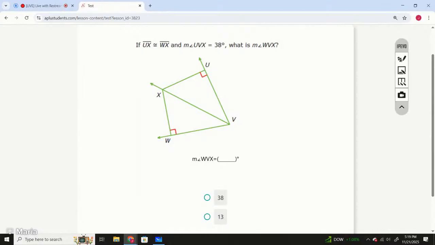The measurement of angle WVX is also equal to 38 degrees. Option number 1 is the correct option.